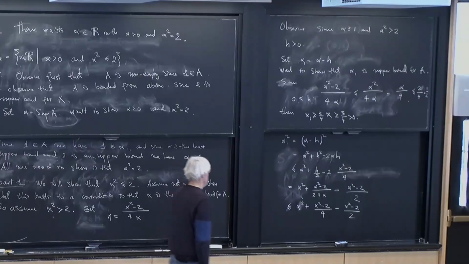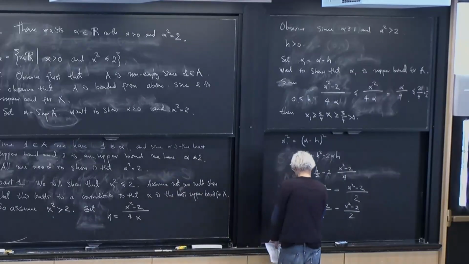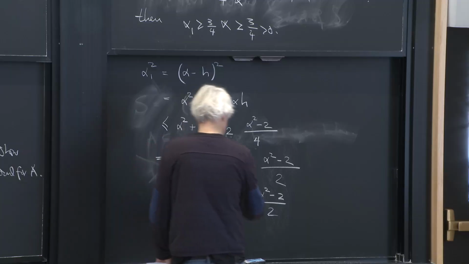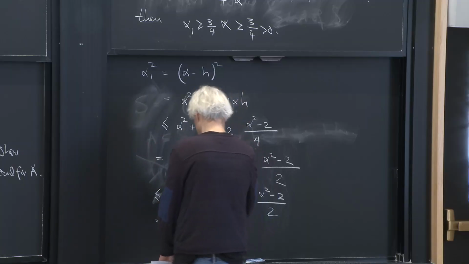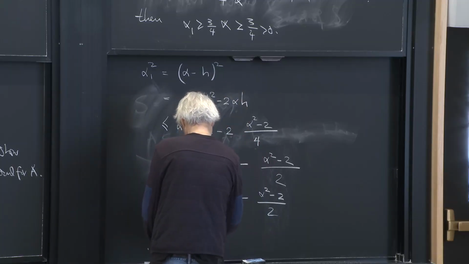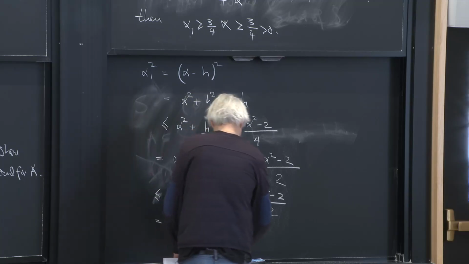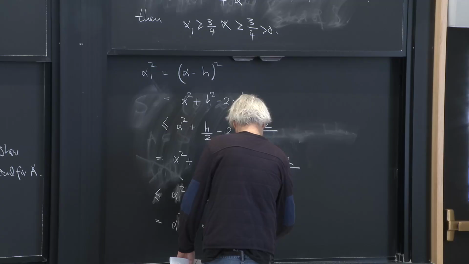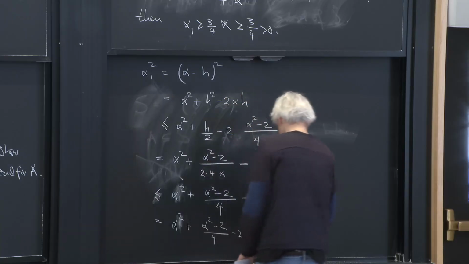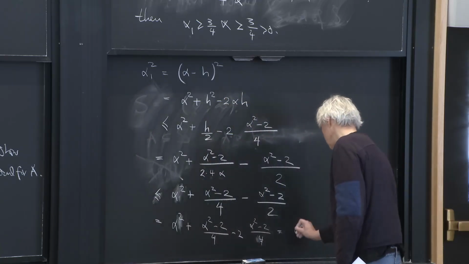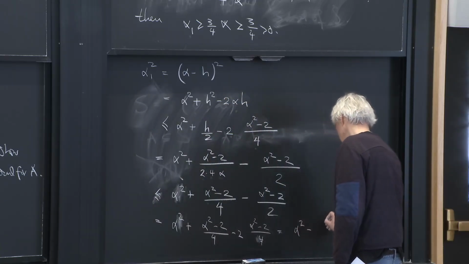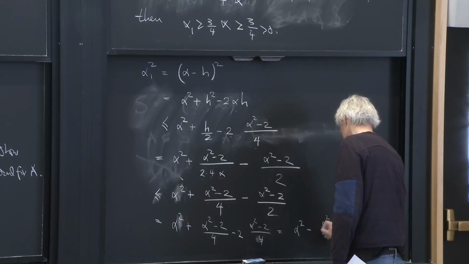And so now you see that this thing here is equal to alpha squared. You can write this thing here, if you will, as alpha squared plus alpha squared minus 2 over 4 minus 2 alpha squared minus 2 over 4. And so what you get is alpha squared minus alpha squared minus 2 over 4.